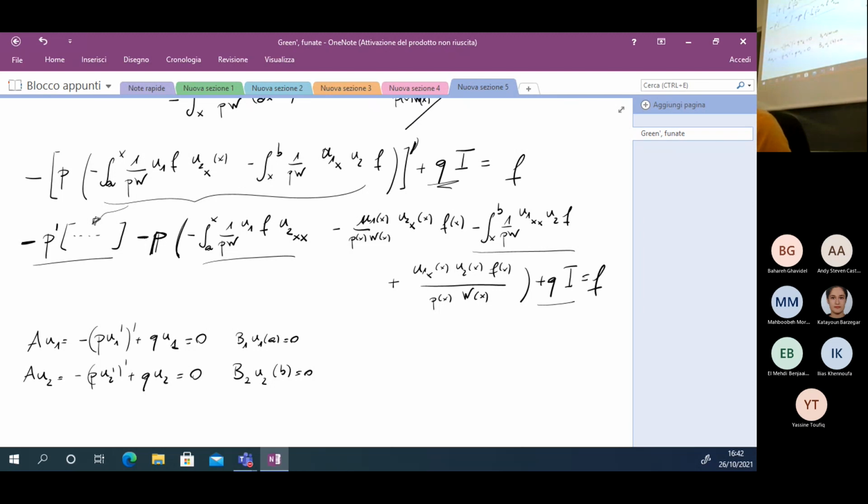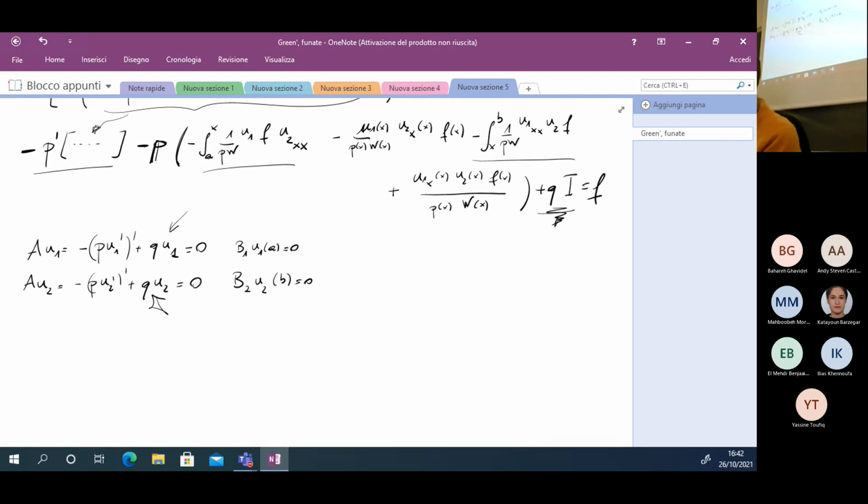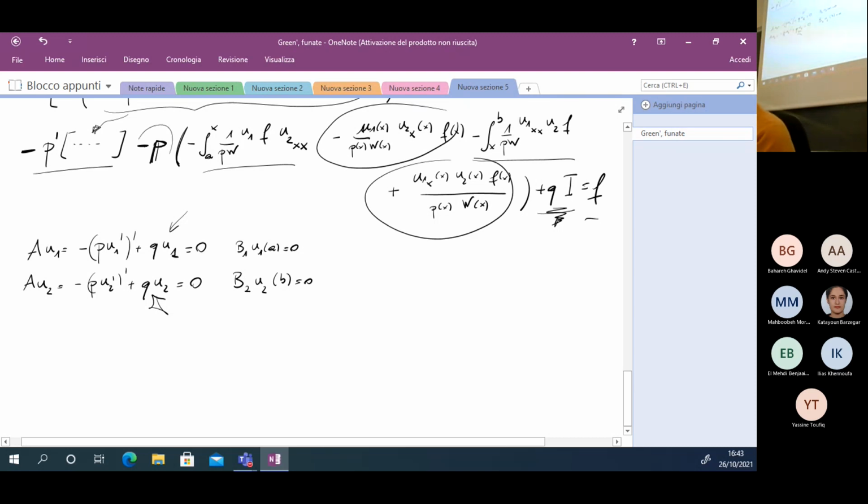Also the qI inside, because you have the q u1 and q u2 here, allows you to kill also this part. So what will survive is this part plus this part, with a minus p in front, equal to f.